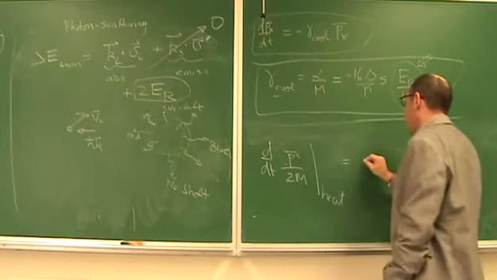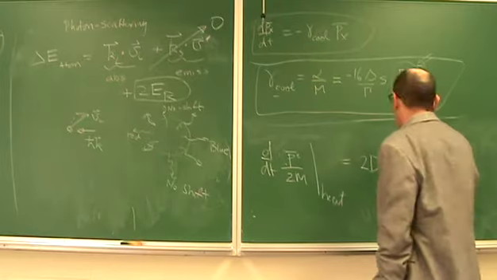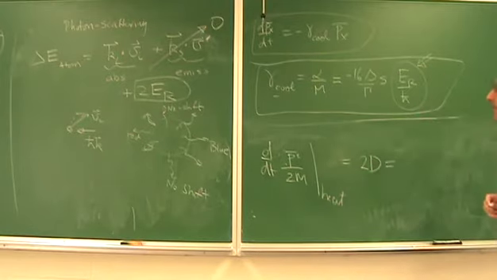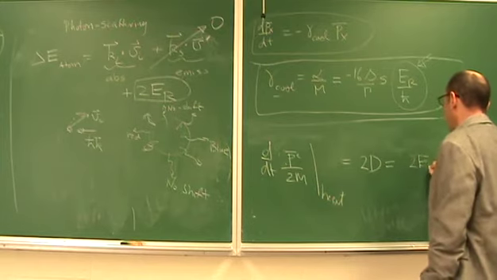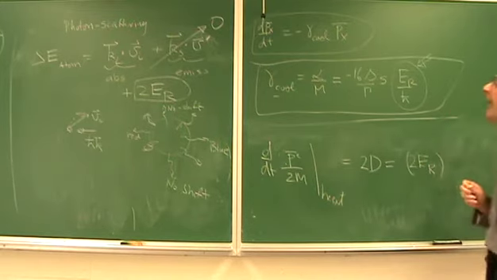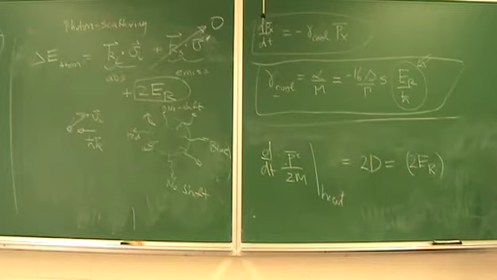So this tells me that 2D, which is the heating rate, twice the diffusion coefficient, is equal to twice the recoil energy times the rate at which I scatter those photons.